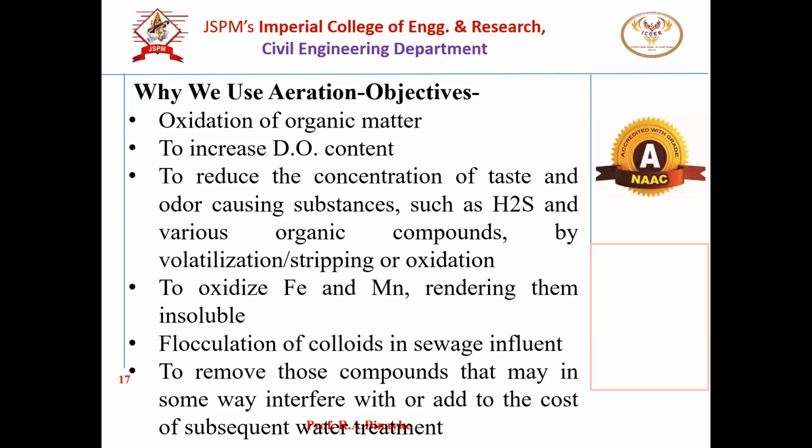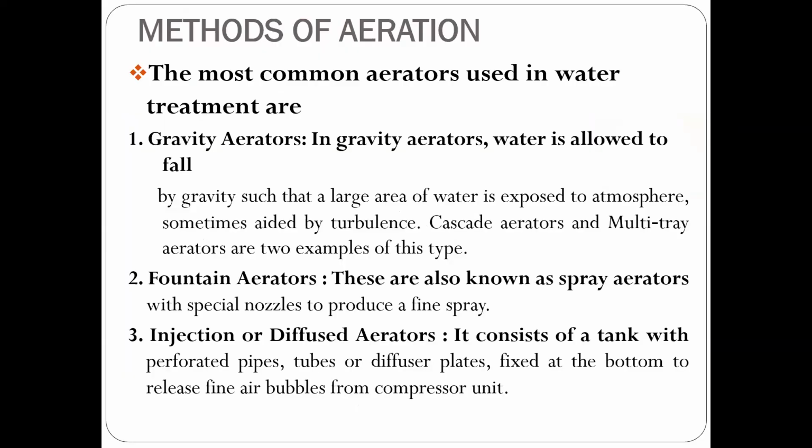After that, flocculation of colloids in the influent: the suspended and colloidal matter agglomerates, and this is caused in the aeration process. So these are the main objectives we have discussed.